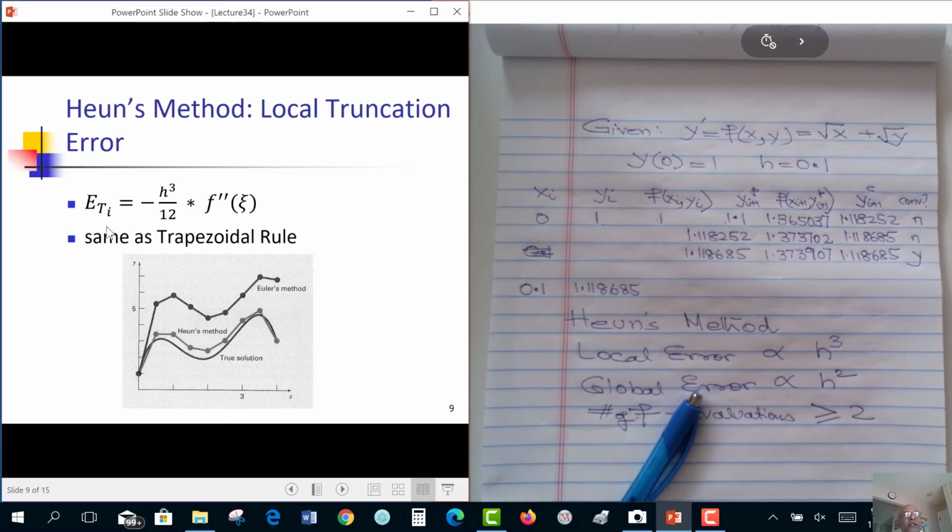But in any case, since the truncation error is better than Euler's method, Heun's method would give us a better solution than Euler's method. So because of this uncertainty in number of function evaluations, Heun's method is not a very popular method.